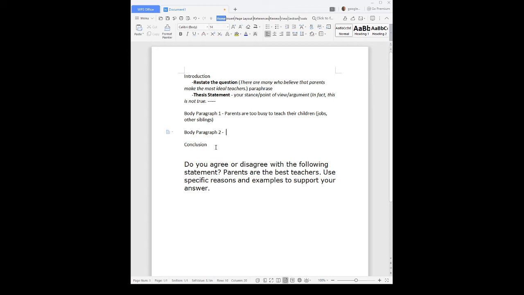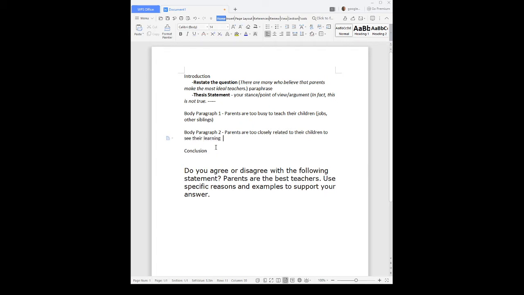Okay, so paragraph 1, point 1, parents are too busy. Point 2, why else would parents not be the best teachers? I don't know. Let me think. Parents are the best teachers. No, they're not, because parents are too closely related to their children to see their learning objectively.